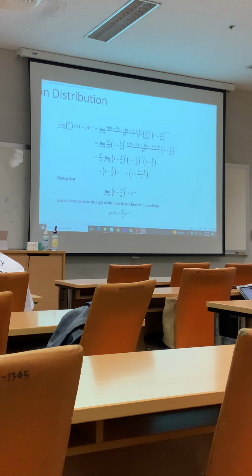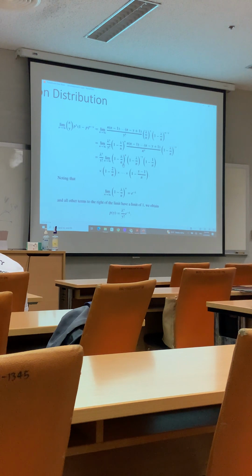And this is still an expression for n choose y. But after you work through, this is the bit where we can take it out of the limit. We move this in front of the limit because the limit only interacts with n. So this term, lambda to the power y divided by y factorial, has no n in it, so we can take that in front of the limit, and the limit only applies to this term.